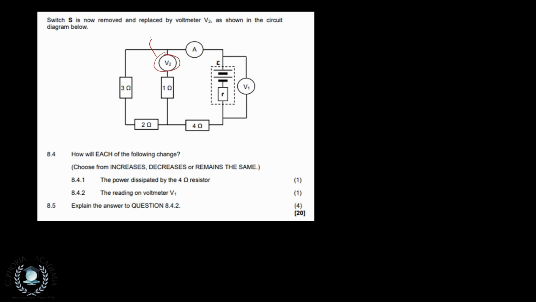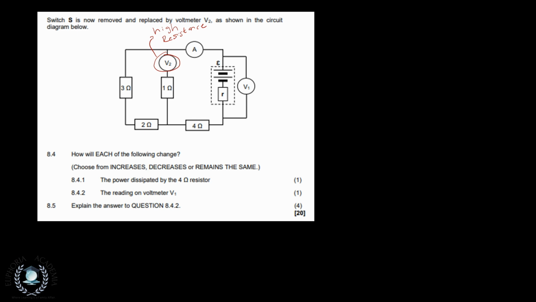And remember that the voltmeter has a very high resistance. Okay, that's quite important. All right, cool. So the next question, 8.4, asks us, how will the following change?